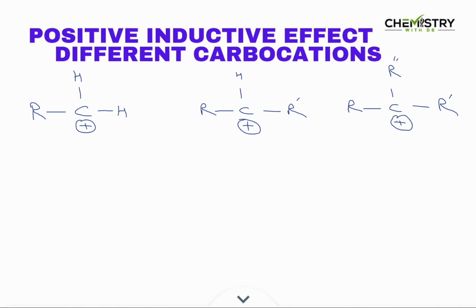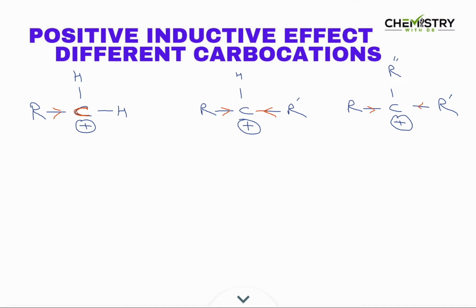To explain it further, in the case of a primary carbocation, the electron pushing happens from this one alkyl group, whereas in the case of a secondary carbocation, because it's bonded to 2 alkyl groups, the electron pushing happens from both alkyl groups.